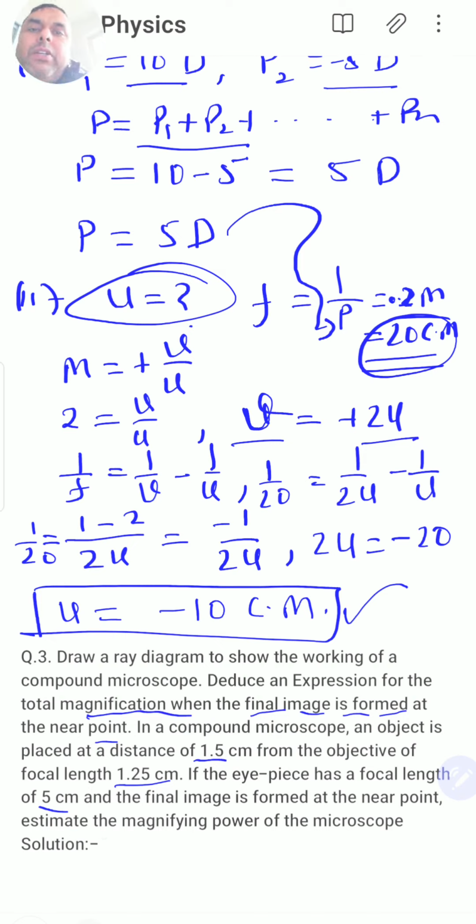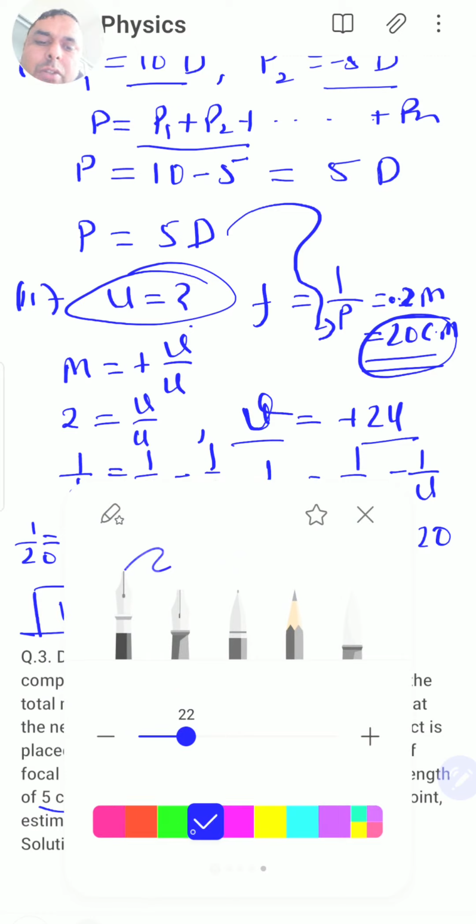So what we have to find out, students, is the magnification value m.